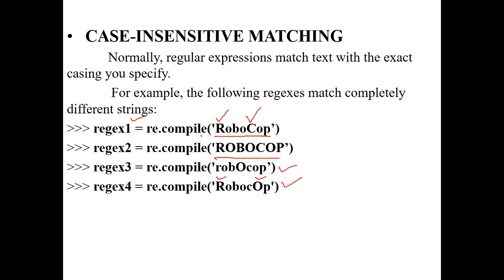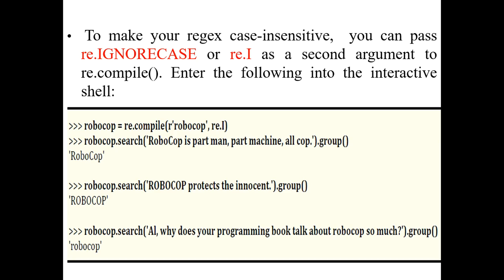When we look at these four regular expressions, they are going to match four completely different strings. To make regular expressions case insensitive, we can pass re.IGNORECASE, or re.I, as a second argument to the compile method.